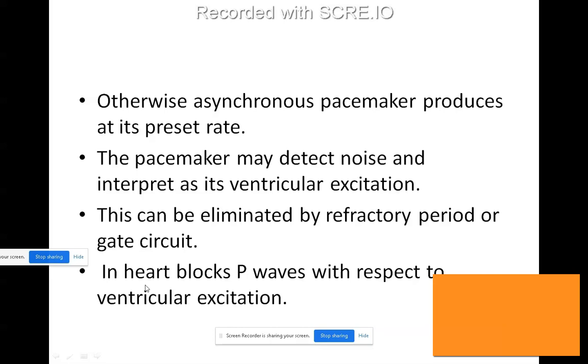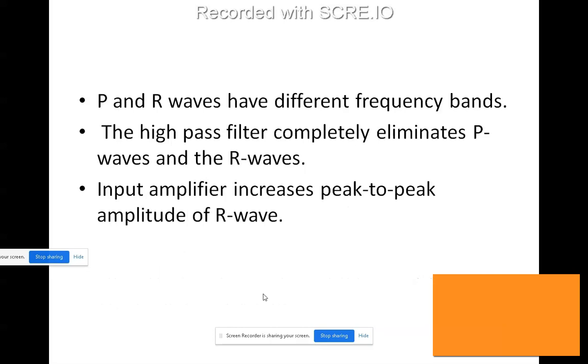All the noise signal will be filtered out, and heart block in P waves is handled with respect to ventricular excitation. The blocks in P waves can be cleared by the ventricular pacemaker, that is the standby mode pacemaker.